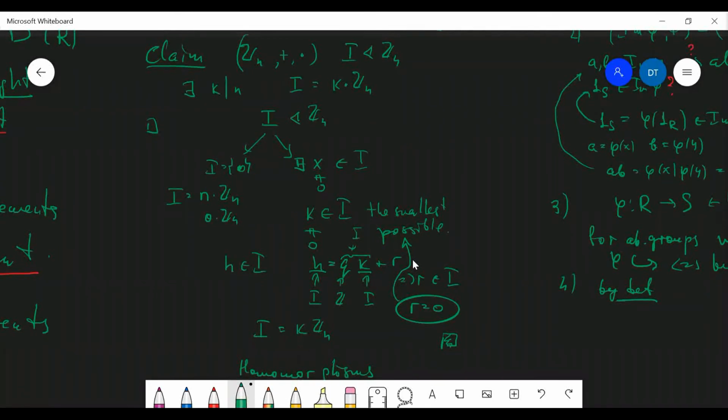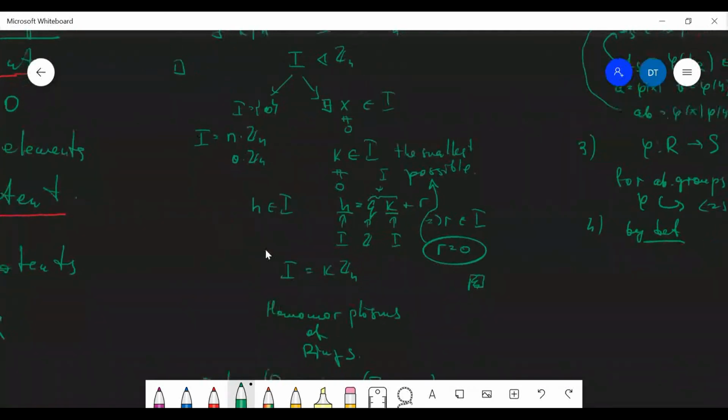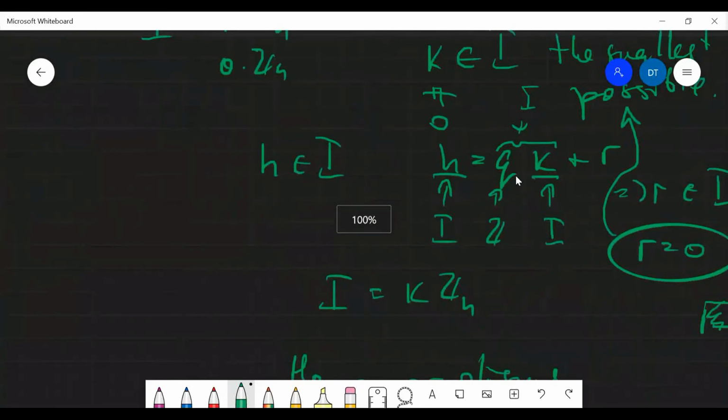So, do we get the fact that R is in I by saying that R is equal to 0? No, okay, let me write it here. Because of this equality, we have R is equal H minus QK.